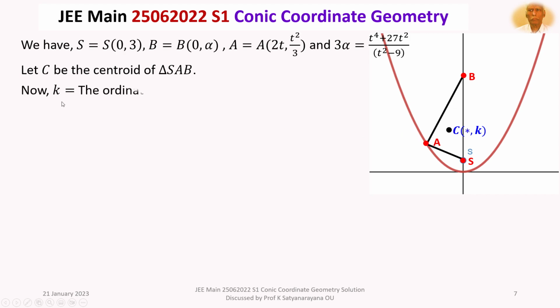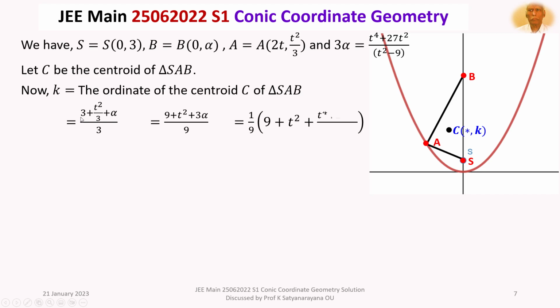So now k is equal to the ordinate of the centroid C of the triangle SAB. It is given by the y coordinate of S, that is 3, plus the y coordinate of A, t square by 3, plus the y coordinate of B, that is alpha.